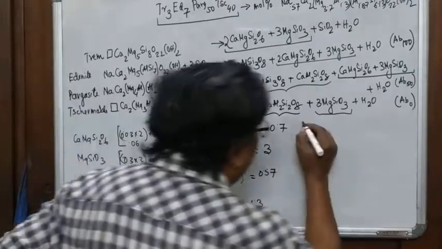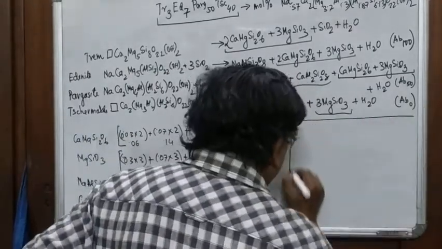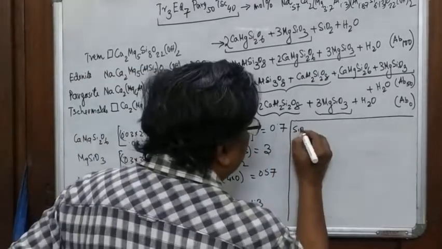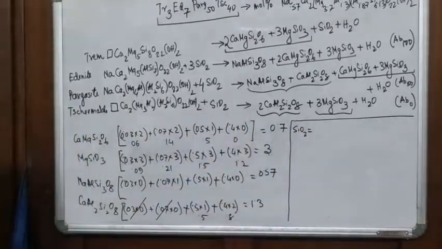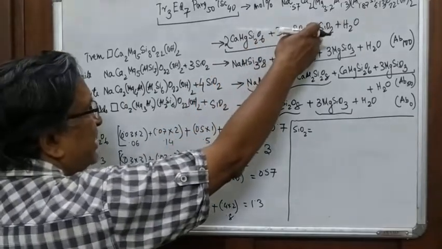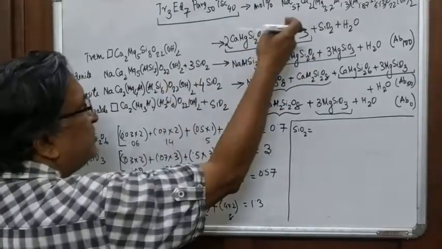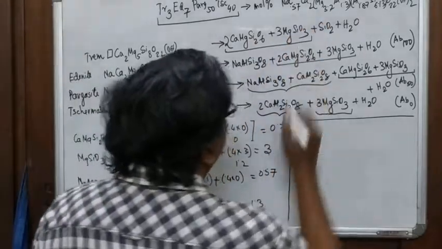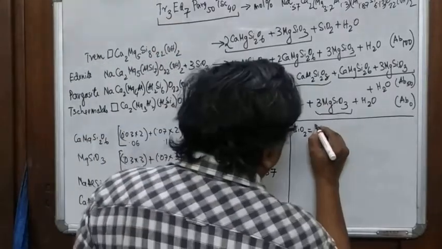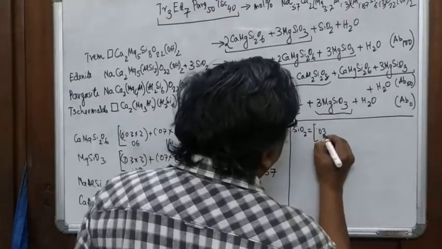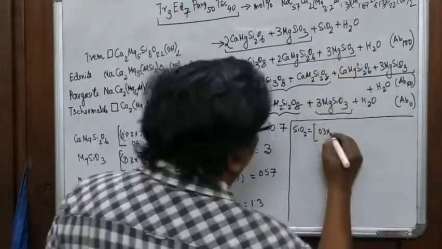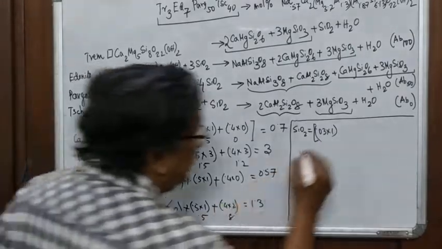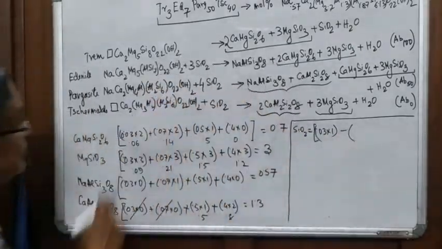And finally, we come to SiO2. Remember, we have SiO2 on this side and we have SiO2 on this side. So if we take this as positive, then this should be negative. If I take tremolite, then it is 0.03 into 1, and if this is positive, then the rest of it should be negative because it is to the left.